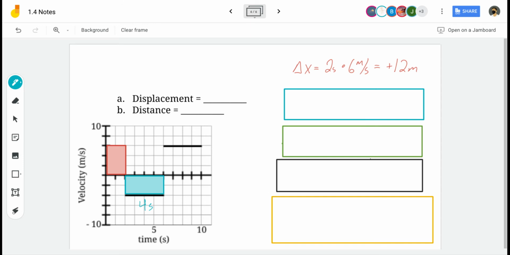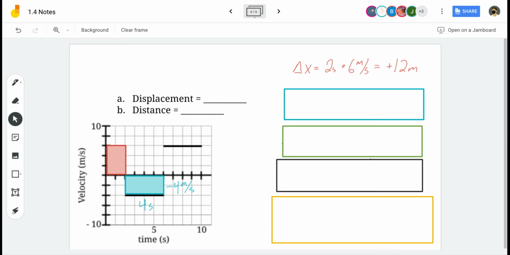And then what is the height? Negative 4 meters per second. This is when my brain starts to hurt, because in geometry it's very rare that we have a negative side length on a shape.